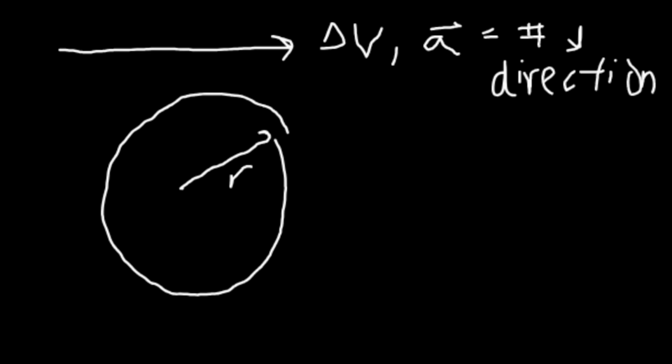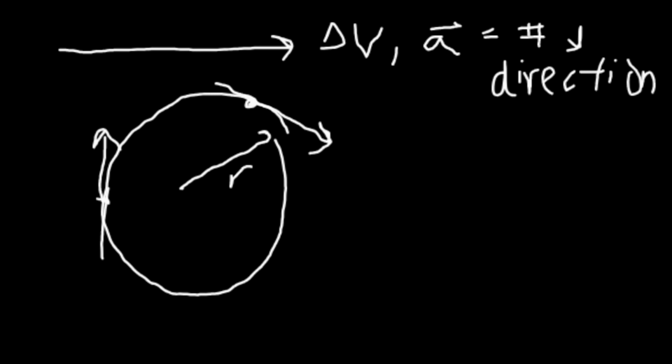Because at one point, it's here with a tangential velocity in this direction, and tangential velocity is just its velocity if it were moving in a straight line. But over here, its tangential velocity is going to be in a different direction, therefore this object has an acceleration.